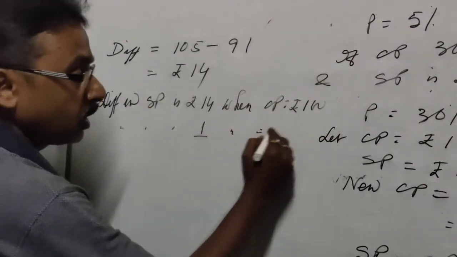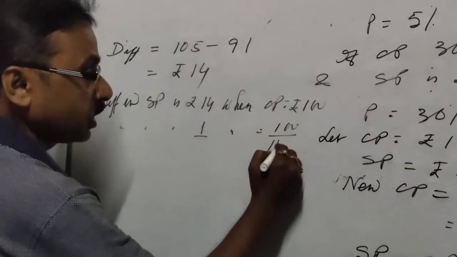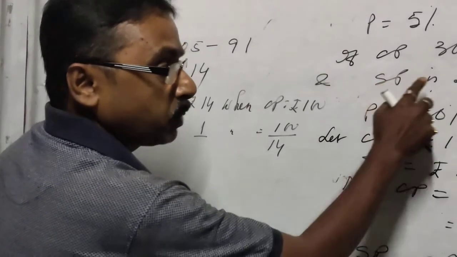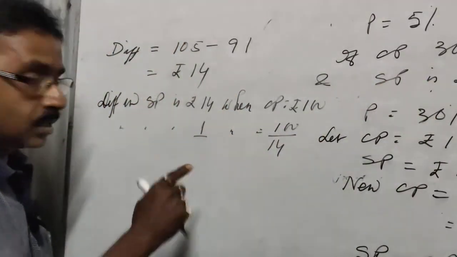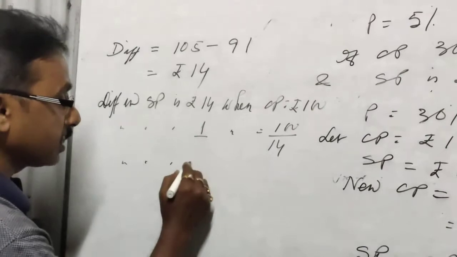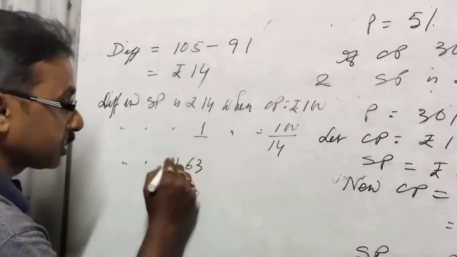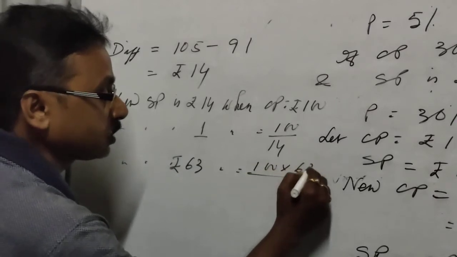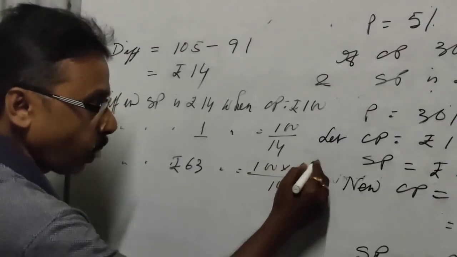Now the difference is rupee 1. How much is the CP? 100 by 14. But here the difference in SP is given. They told SP is rupees 63 less. So the difference is rupees 63, then it is 100 into 63 by 14.